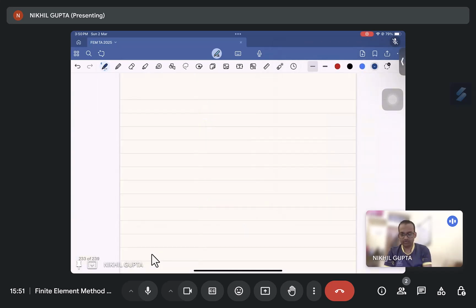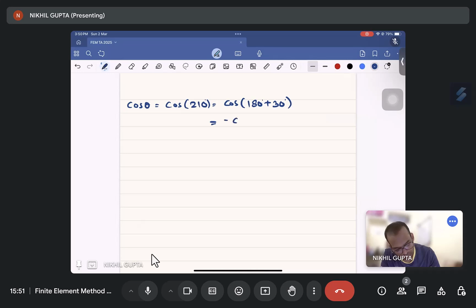Now let's calculate the values of cos theta and sin theta for 210. Cos theta equals cos 210, which comes to cos of 180 plus 30, all in degrees, which gives minus cos 30 degrees, which is minus root 3 by 2.